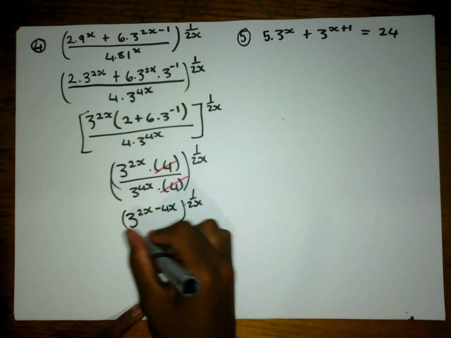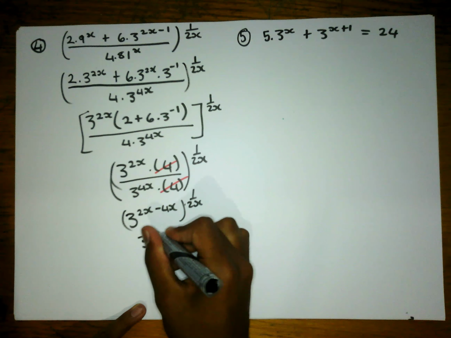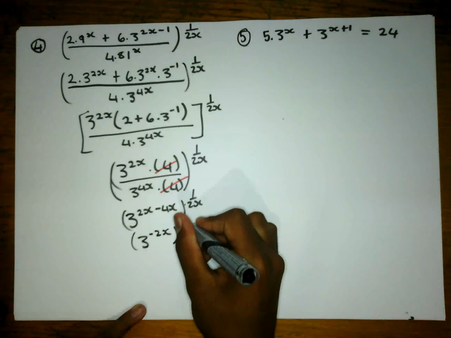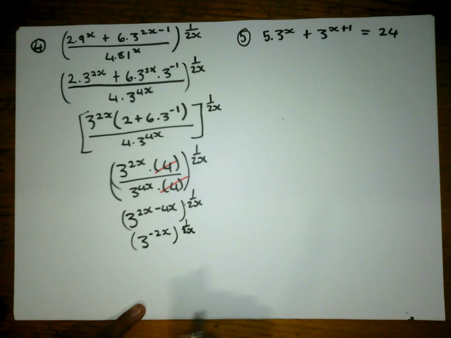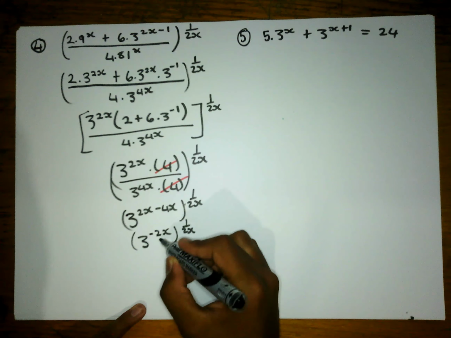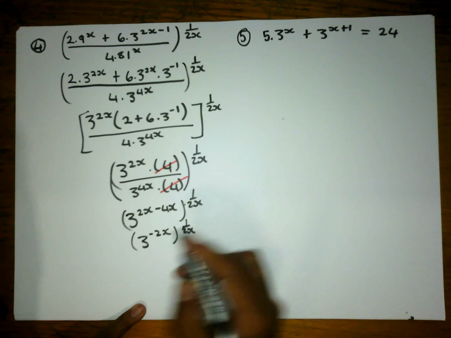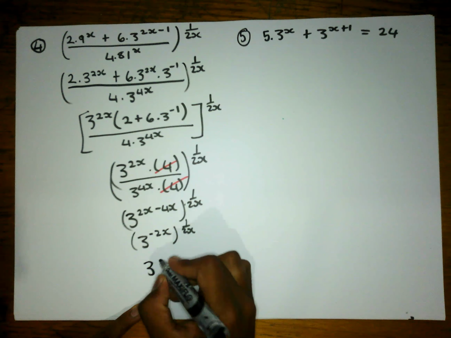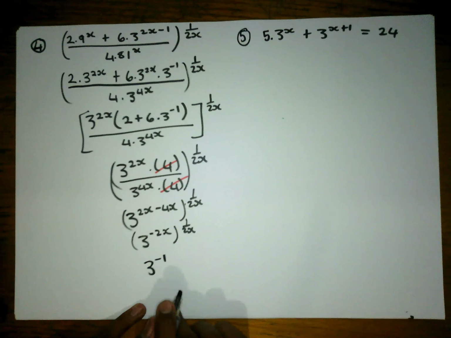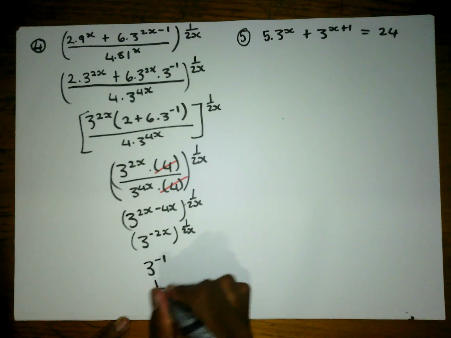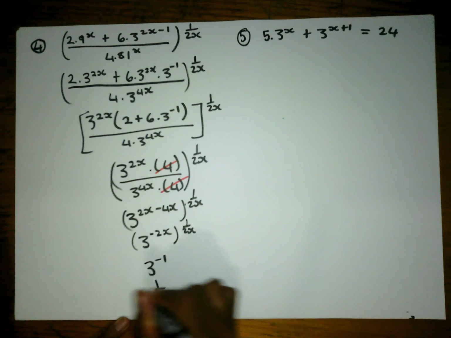Then we're going to have 3 to the power minus 2x to the power 1 over 2x. Then this 1 over 2x multiplied with this negative 2x is going to give us 3 to the power minus 1. Then this answer is 1 over 3.